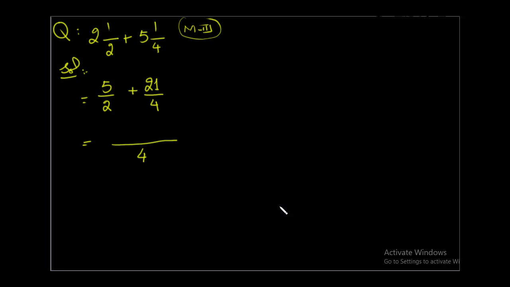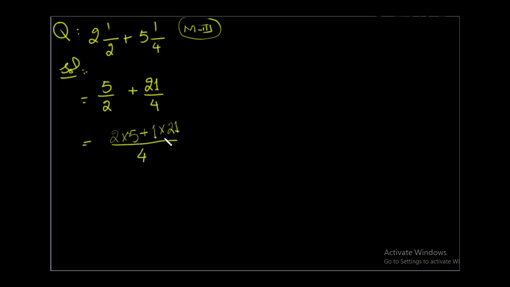Next we have to divide 4 by 2. Whenever we divide 4 by 2, we get 2. So that 2 would be multiplied with the 5. And whenever we divide this 4 by 4, we get 1, and that 1 would be multiplied with 21.